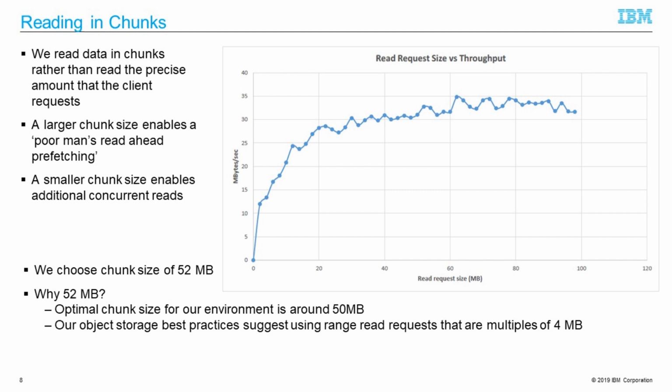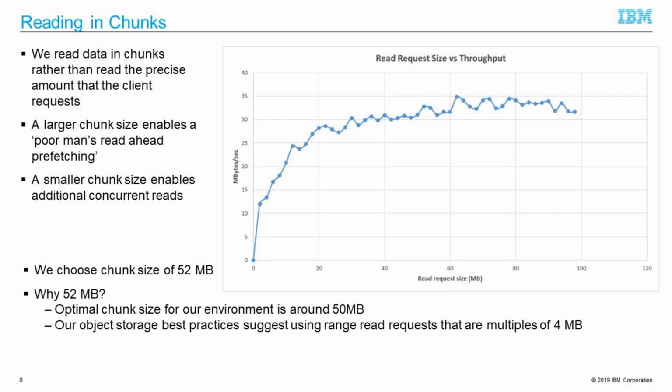How we picked that size is by doing experimentation on what we observed was the optimum throughput based on the read request size. And what you can see is that somewhere around 30 to maybe 40 megabytes per object request is approximately where the sweet spot starts.